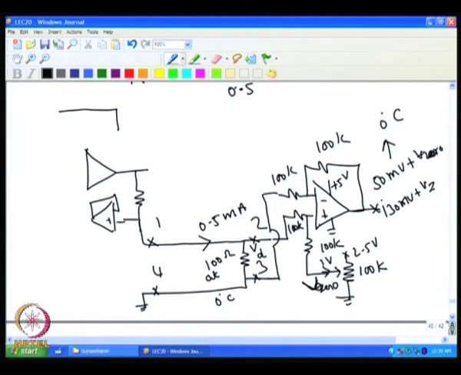So, that is the net output at this point. So, you will have about 80 millivolt variation at this point.